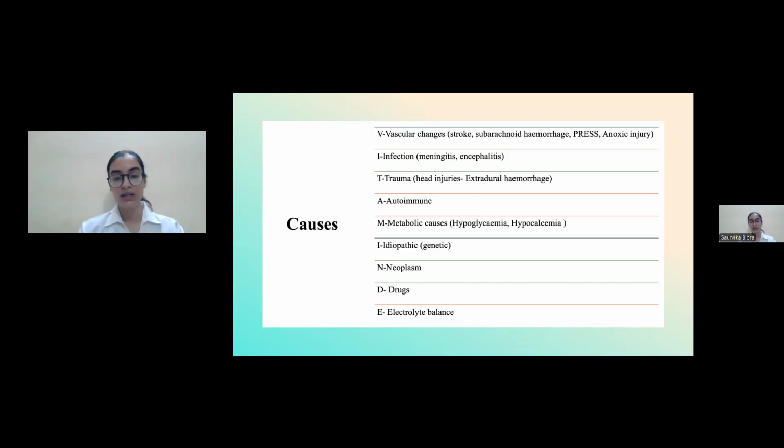T includes trauma. It could include head injury, extradural hemorrhage. Then A stands for autoimmune. M stands for metabolic causes like hypoglycemia, hypocalcemia. I again is for idiopathic, it could be genetic. Then N is for neoplasm, D is for drugs, and E is for electrolyte imbalance.